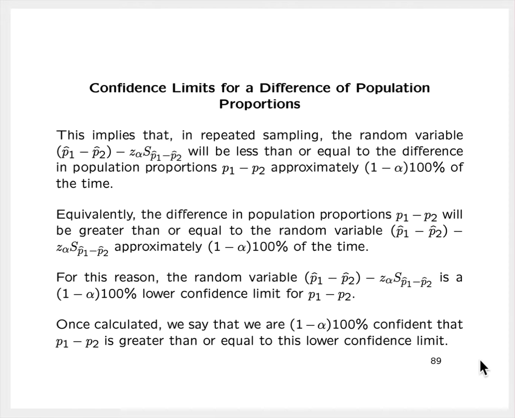Now, once we have our sample and have computed that lower confidence limit, we say that we are 1 minus alpha times 100% confident that P1 minus P2 is greater than or equal to this lower confidence limit.